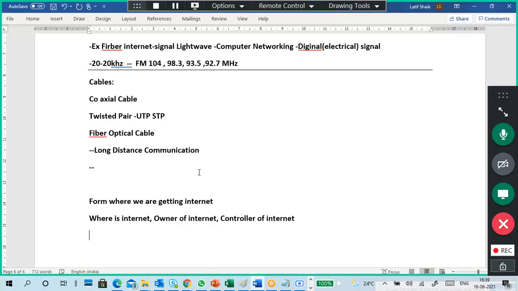Elon Musk wants to create another way, like satellite based internet communication, so he will get more hold of internet communication and he will rule that. Currently, no one is ruling the internet, but some people are owners of the cable structures, routers, ISPs, so they have a part of the internet. Okay, the controller of the internet is IANA, ICANN.